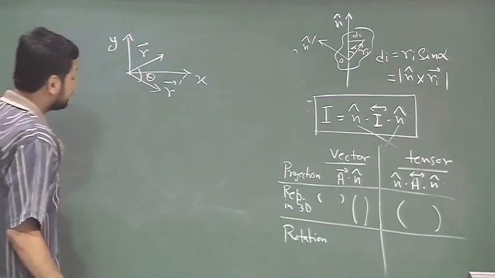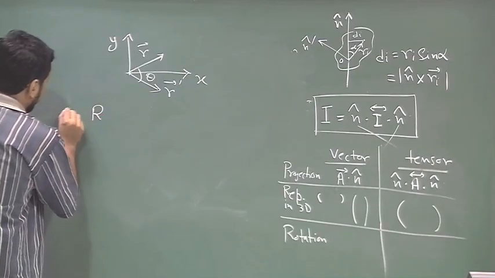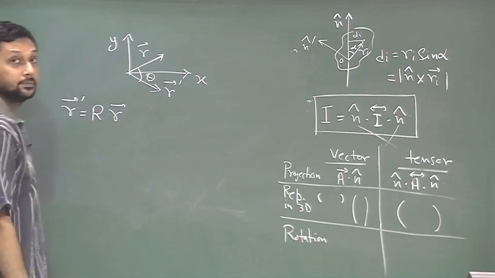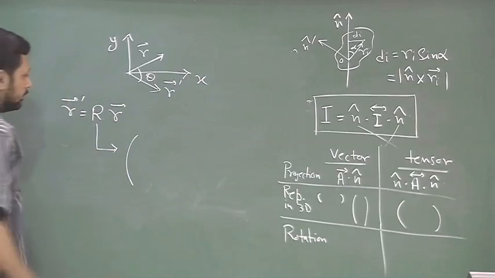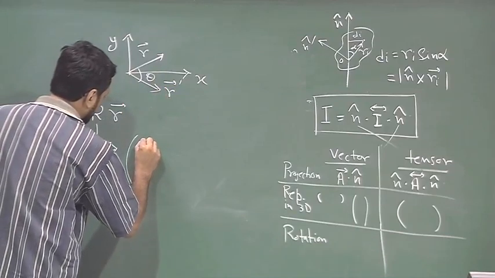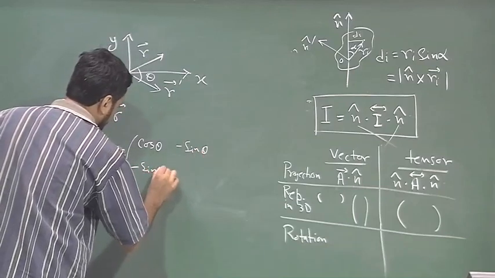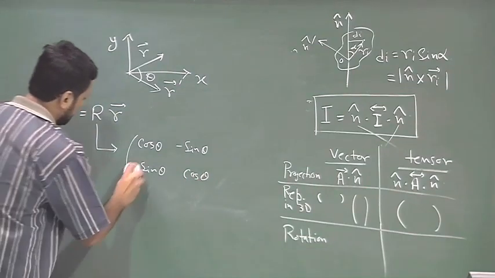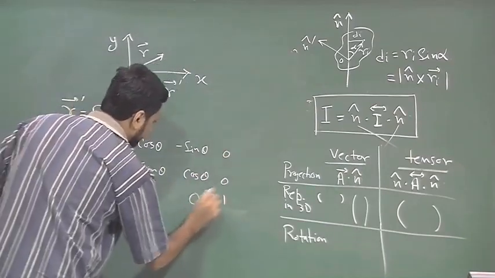How do we write it? If you recall, we write an equation of the form r dot is equal to capital R times r. Now, this capital R is a rotation matrix, which for 2D rotation has the following form: cos theta, minus sin theta, 0; sin theta, cos theta, 0; 0, 0, 1.